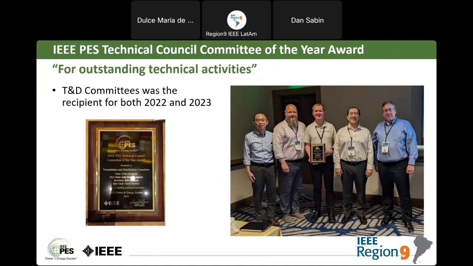This is based on all of our peers, all of the other committees inside PES, who reviewed our activities, which we submitted as part of an annual report, and a majority of them chose the T&D committee in both '22 and '23 as committee of the year. Here's myself right here on the right. There's Julio, our vice chair, Celia Santoso, our past chair, Eric Sormanis, our current chair, and Rob Scherer, who is our current secretary. Thank you.